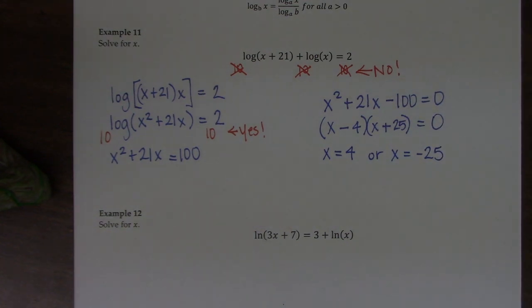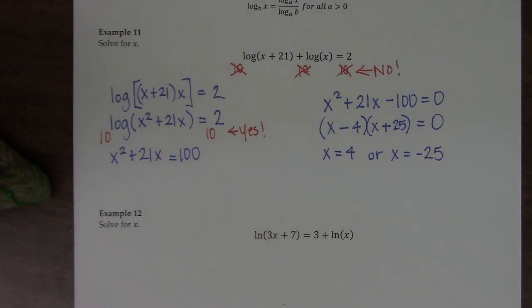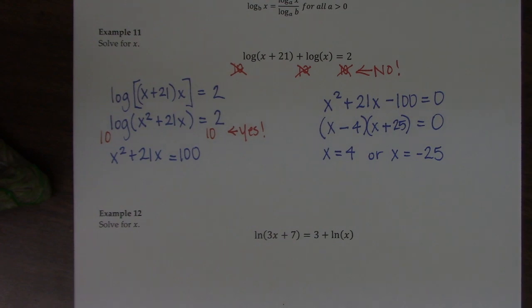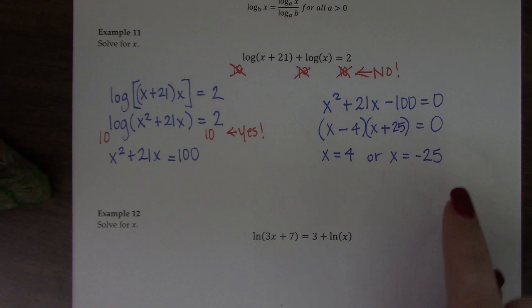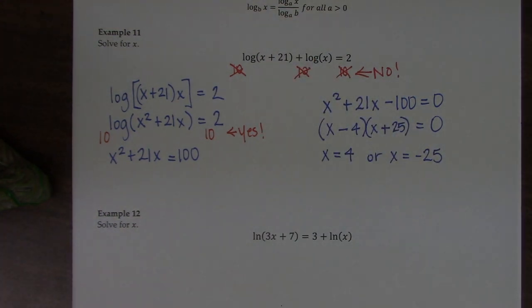So this is a very important part of the problem. Just getting to the number, you are not done, because logs have domain restrictions on them. So we have to go back and look at the original form of the equation and make sure that these answers are valid in this expression. The number x, when you plug it in, the expression inside the log cannot be negative and it cannot be 0.